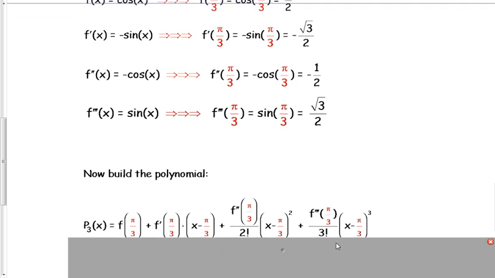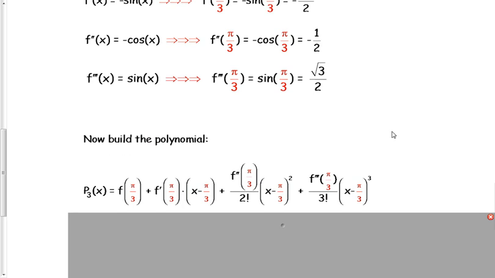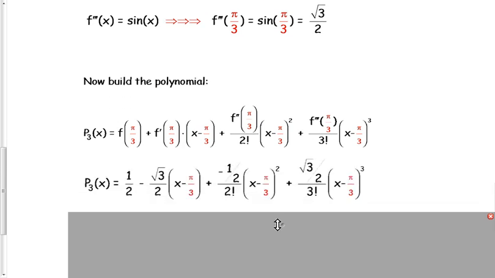So now we build this polynomial with the information we have above, and you can rewind and go through. I don't want to be jumping up and down so that you can't see what we're doing, but we're just replacing each of these with the parts that we've calculated. So we found f of pi over 3 to be 1/2. We had f prime of pi over 3 to be negative square root of 3 over 2, and so we have x minus pi over 3 to the first power.